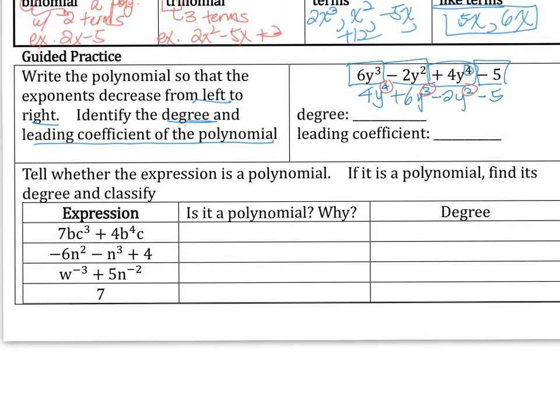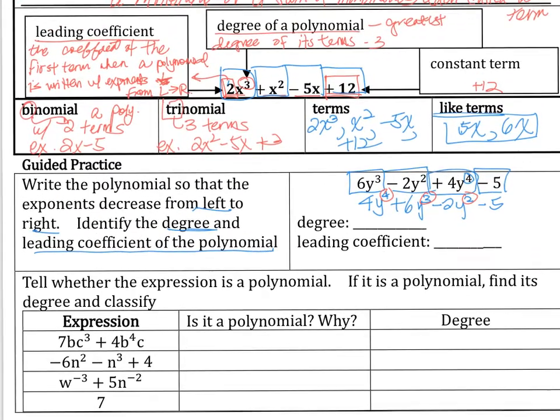So according to our definition earlier, the leading coefficient is the coefficient of the first term when the polynomial is written with exponents from left to right. So 4 would be the leading coefficient, and the exponent here of 4y to the 4th power would be the degree, the greatest degree of its terms.